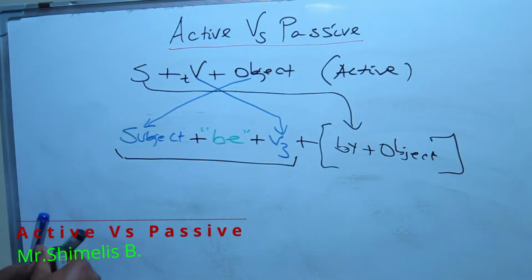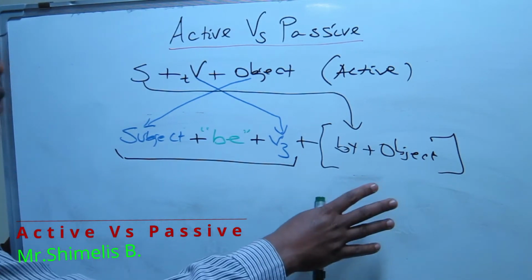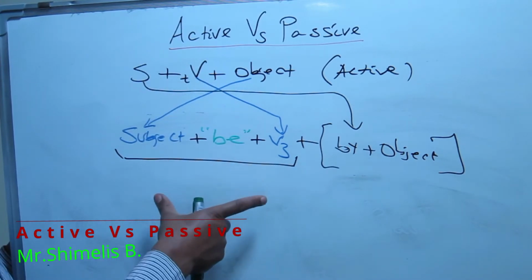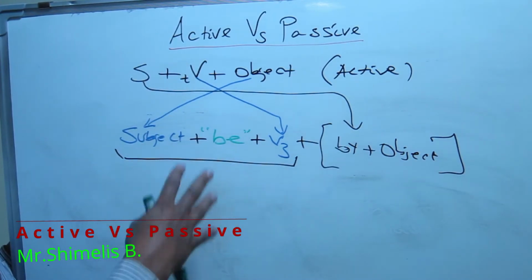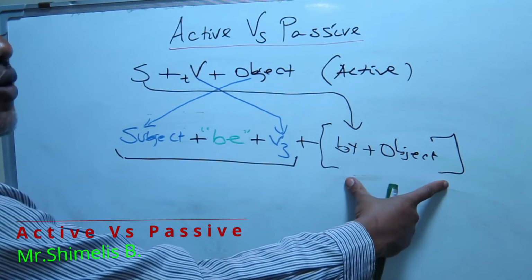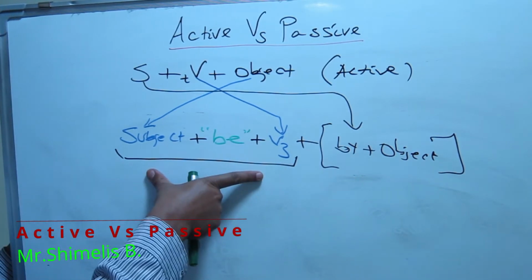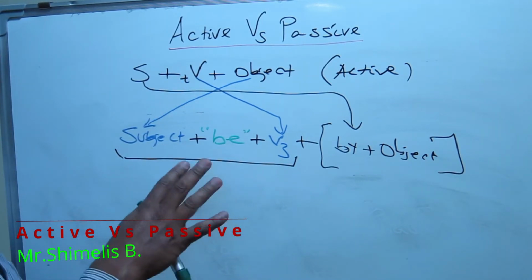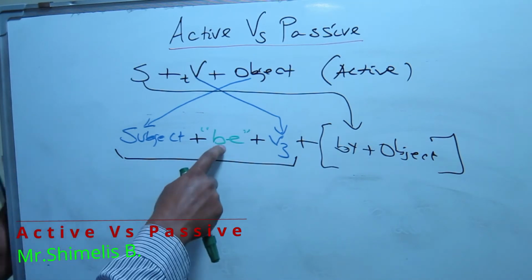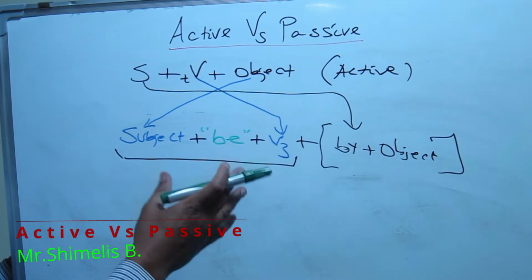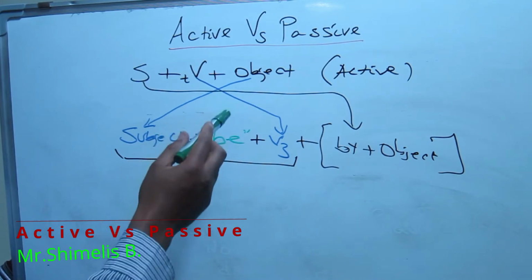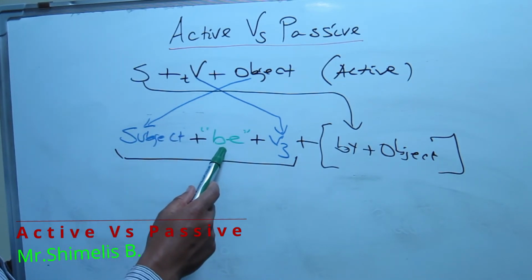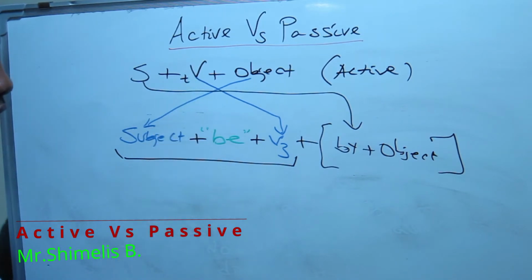So this is optional, but the obligatory rule is up to the previous point. Expressing the doer is not the objective or the aim of a passive sentence. The aim of the passive sentence is to stress the action done, not the doer of the action. Now, one thing which you have to note is that the verb to be has to agree with the object of the active, which becomes subject for the passive, in number, plus it has to agree in tense with the main verb of the active sentence.